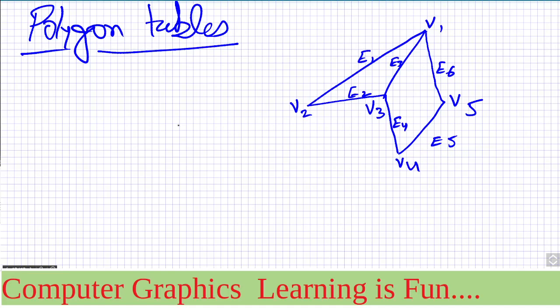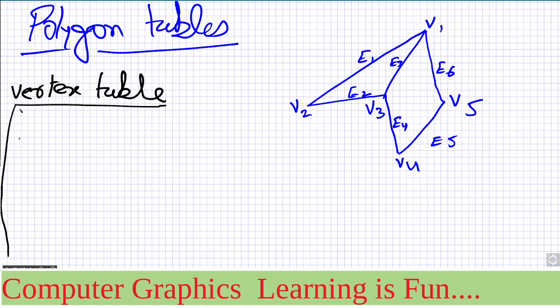Now here in Polygon Tables, what is happening actually is you have tables for each of these. One is the vertex table. In the vertex table, you are maintaining the information of each vertex, V1, V2, V3, V4, V5. These are the vertices.